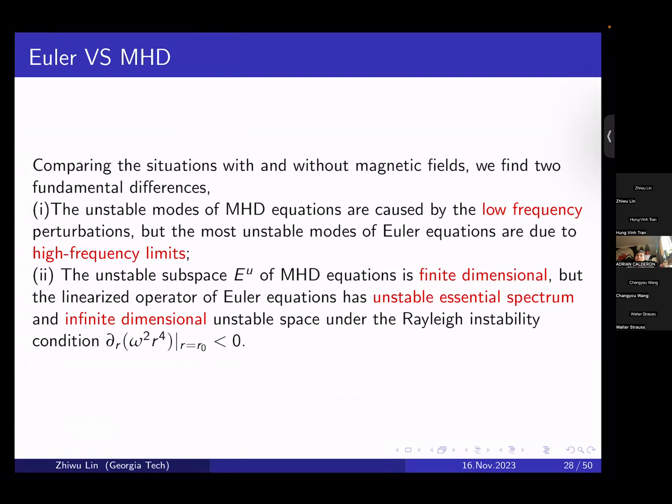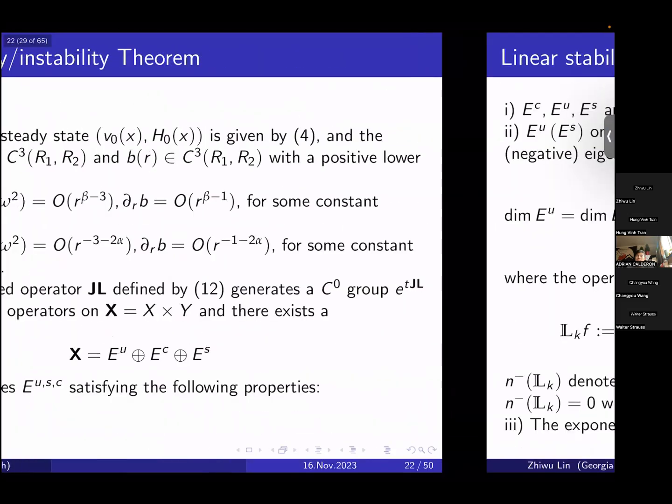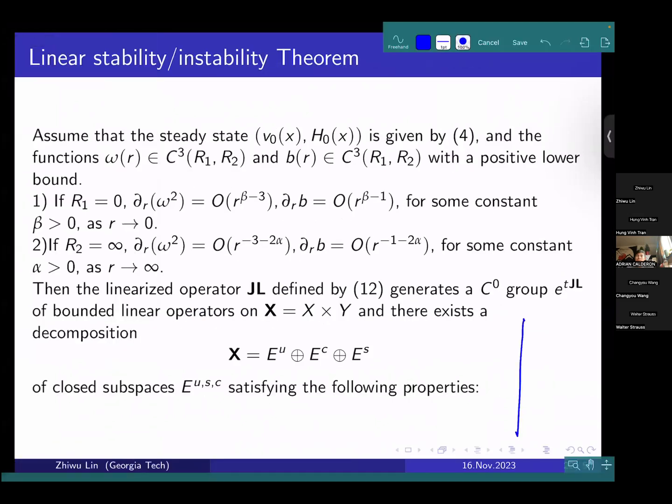First, if you use this kind of Hamiltonian structure, you can see all the unstable spectrum is discrete. Actually, the spectrum is going to be like the following. You have unstable and stable eigenvalues as discrete spectrum on the real axis.